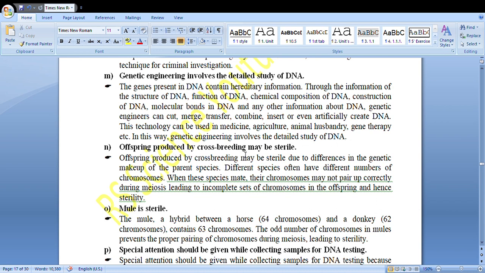Offspring produced by crossbreeding may be sterile due to difference in the genetic makeup of parent species. Different species often have different numbers of chromosomes. When these species mate, their chromosomes may not pair up correctly during meiosis, leading to an incomplete set of chromosomes in the offspring and hence sterility.